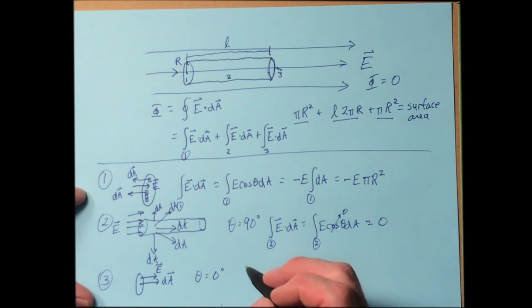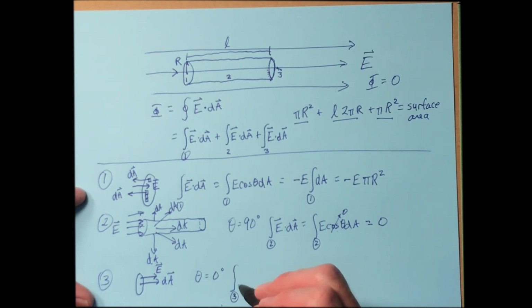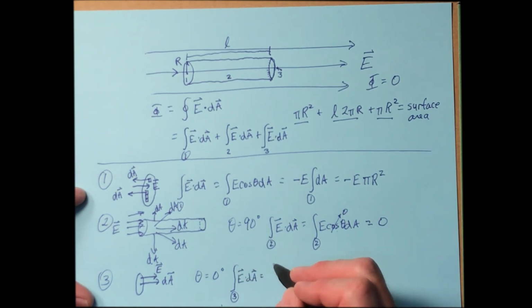So with that information, let's evaluate the integral over surface area 3, E dot dA, which is equal to, let's break apart the dot product, the integral of E cosine theta dA over area 3. The cosine of theta is 1, since theta is 0 degrees all over the surface.